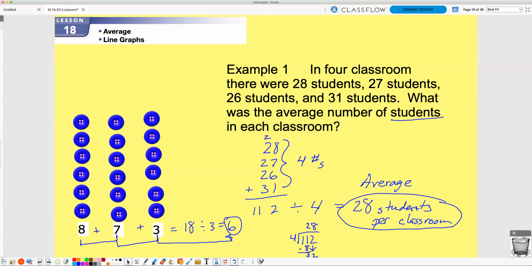See that? So we had 8, 7, and 3. And if we moved each of those buttons and distributed them equally, that's what we'd end up with as an average. Average is 6. So that's how you can look at average.